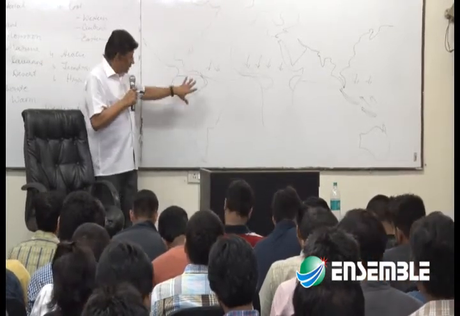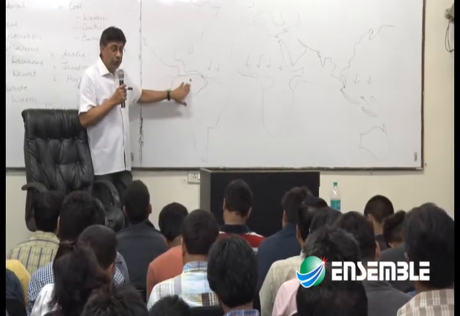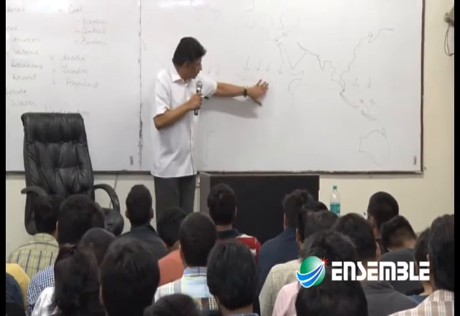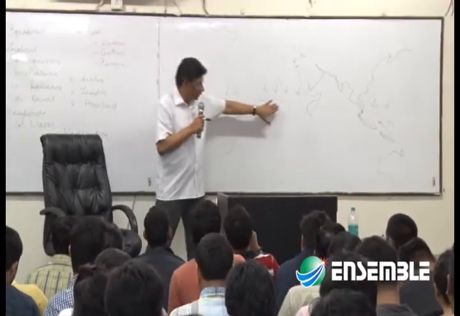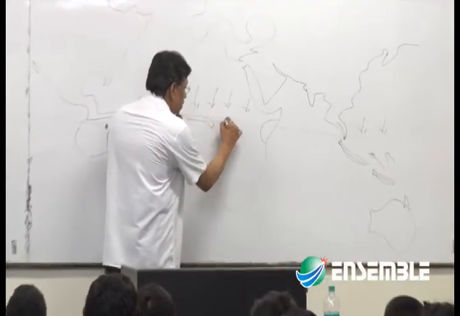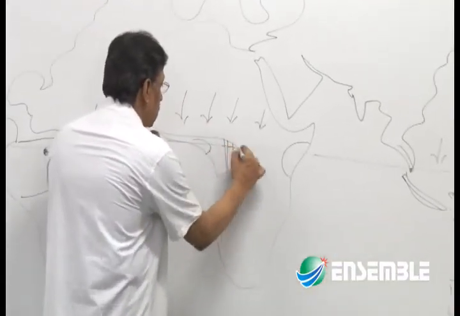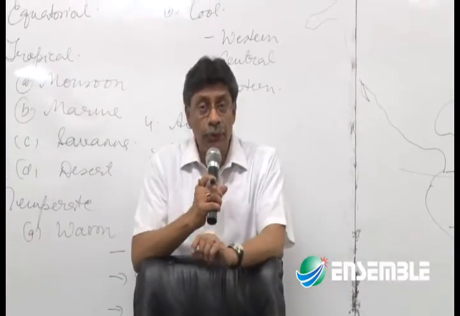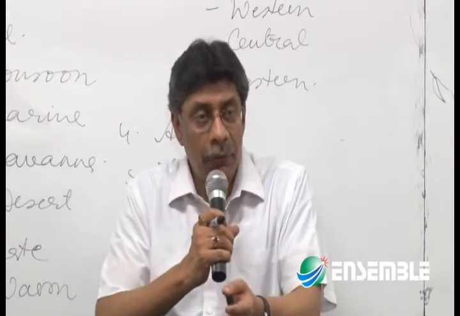For example, when we say truly equatorial region, then out of these equatorial regions, here and here, other than the western portion, the eastern portion is not going to be too significant. The basic significance of equatorial rainforest vegetation is that it is misty and cloudy throughout. It rains, and it is cloudy as well.